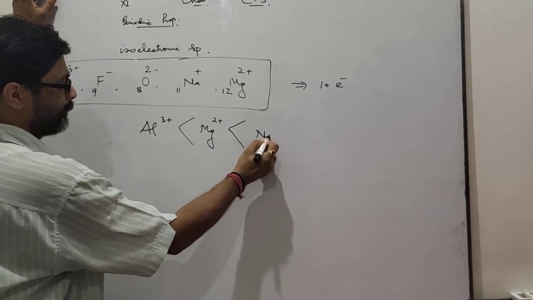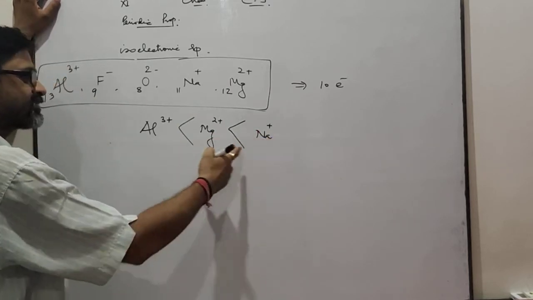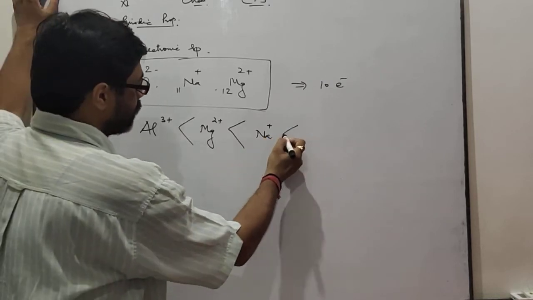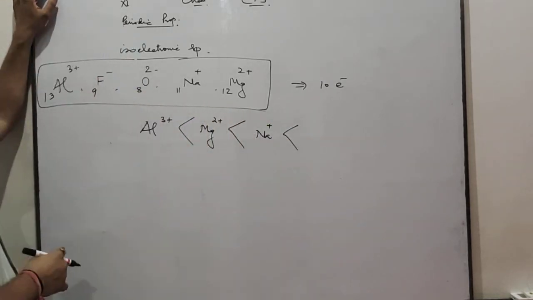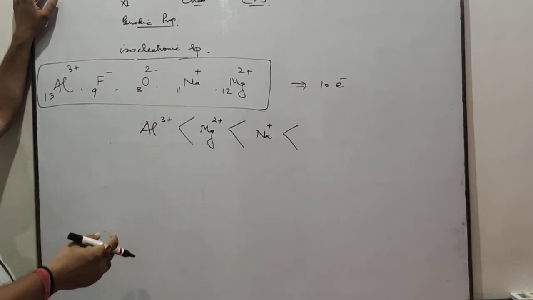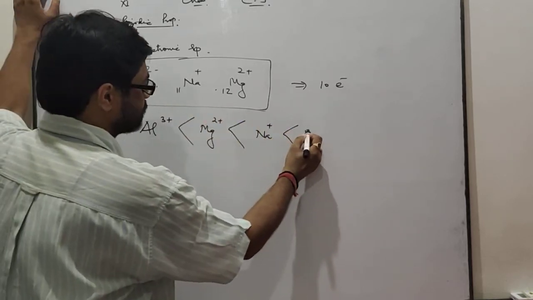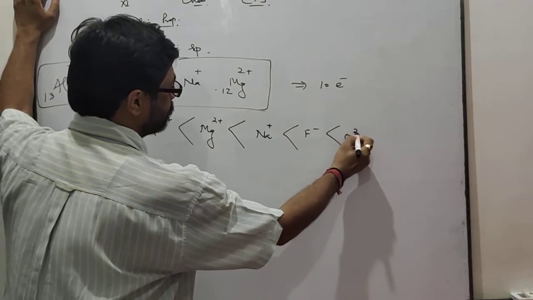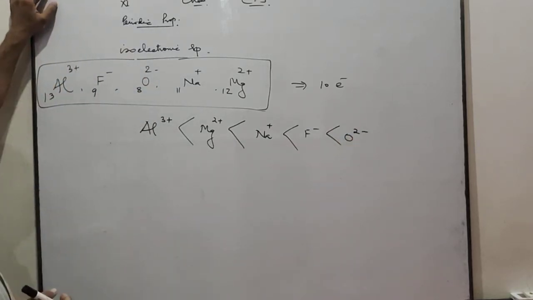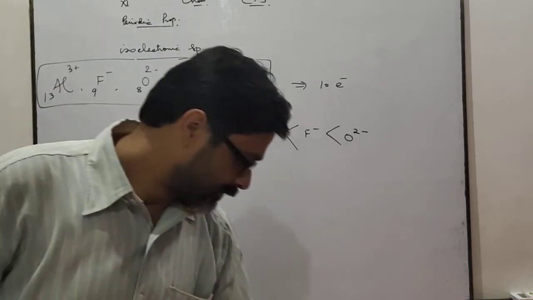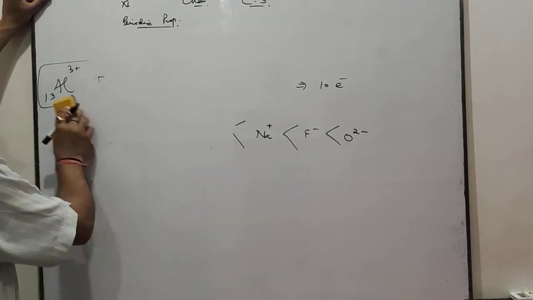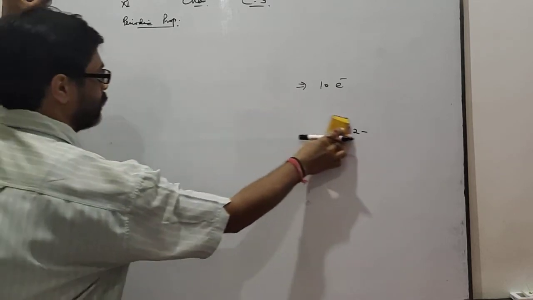Then Na+, means the lesser the positive charge, the greater the size. Now in negative ions, the greater the negative charge, the greater the size. F- is smaller and O2- is largest among them. Okay. In this way, I was discussing the ionic size.